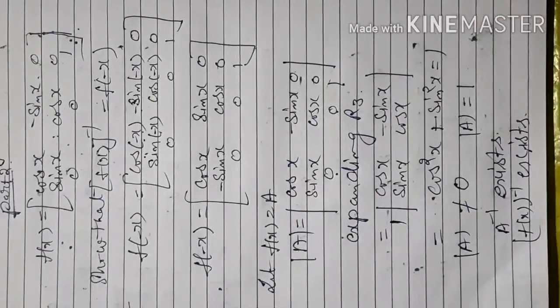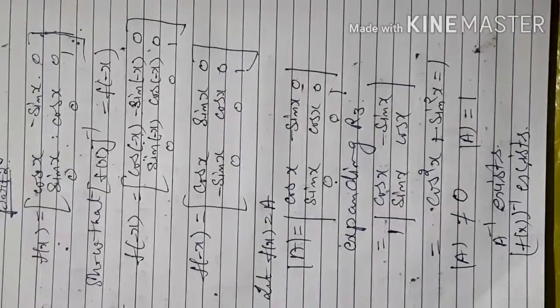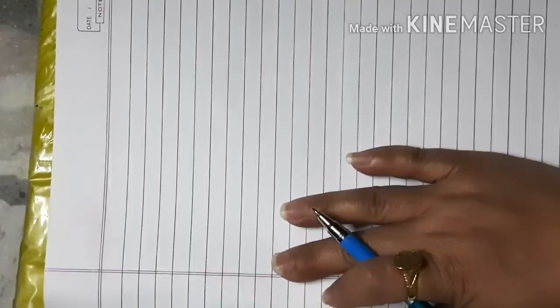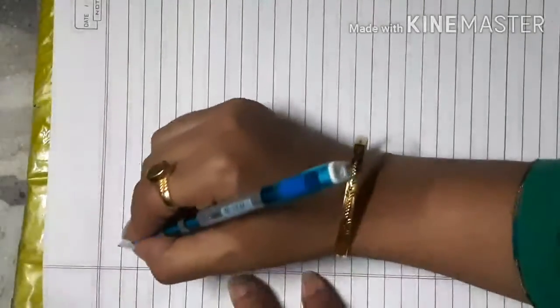Now, after checking that f(x) inverse exists, the next step is to find the cofactors of each element in this matrix. But remember one thing: when you find the cofactor, you always consider the matrix as a determinant, because we can't find cofactors in the matrix, but we can find the cofactors in the determinant.